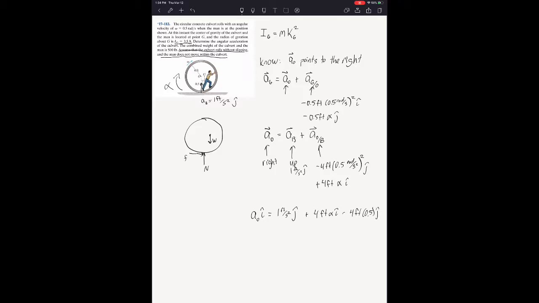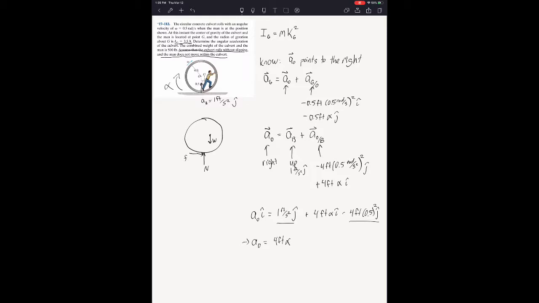Let's see if this works out. I know these two things have to cancel, and they most certainly do: 1 minus 4 times a quarter. These two cancel out, and that leads me to conclude the following. The acceleration of O is equal to 4 feet times alpha.